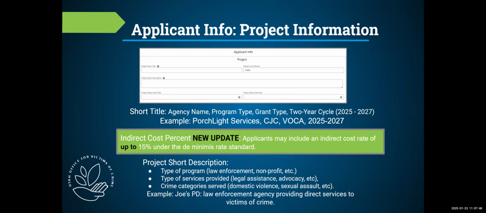I'd like to highlight the indirect cost percent section because it's a new update. Applicants may include an indirect cost rate of up to 15% under the de minimis rate standard. This rate must remain consistent across all federal grants awarded by UOVC. If an agency has a negotiated rate, they have to use that negotiated rate, even if it's less than the 15% de minimis.